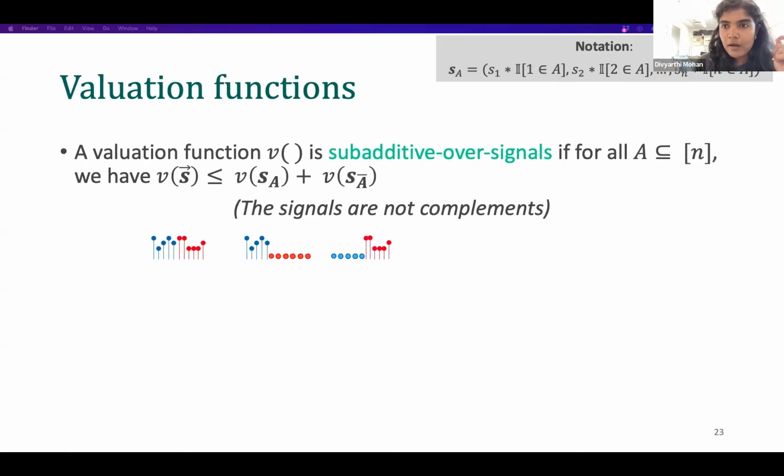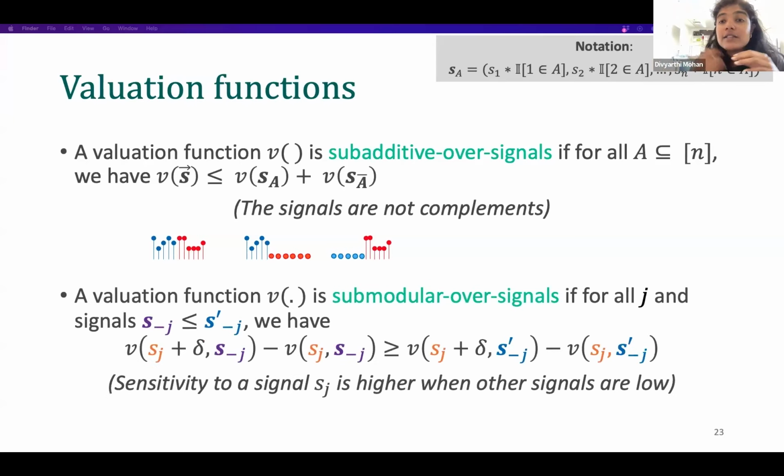Okay, cool. And this is a very general class of valuations. And here in particular, a subset of this class has a submodularity property where the marginal increase in the value of a particular signal is going to be much higher if the other signals are lower.